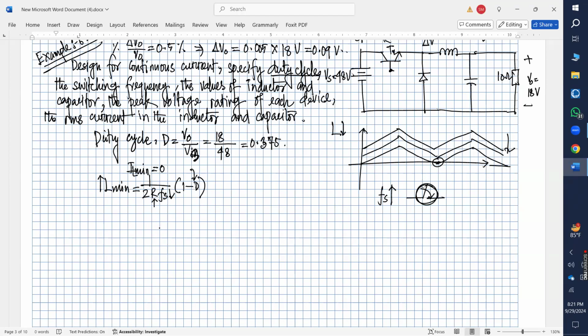So in your book, actually, they chose a switching frequency of 40 kilohertz. And based on that 40 kilohertz switching frequency, they designed the buck boost converter. Sorry, buck converter. So if I consider this switching frequency to be 40 kilohertz, then what would be my L min value?